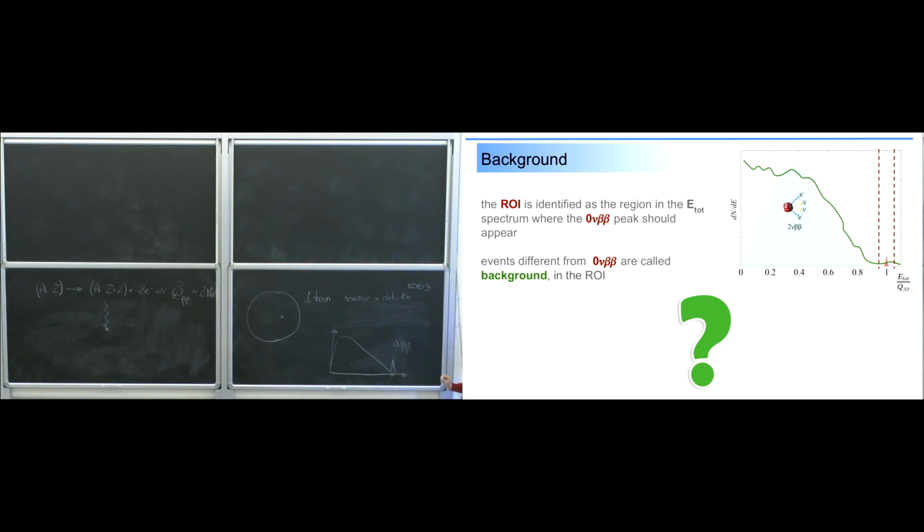And so coming back to what I was saying, you just need to see the neutrinoless double beta decay to claim that neutrino is a Majorana particle.